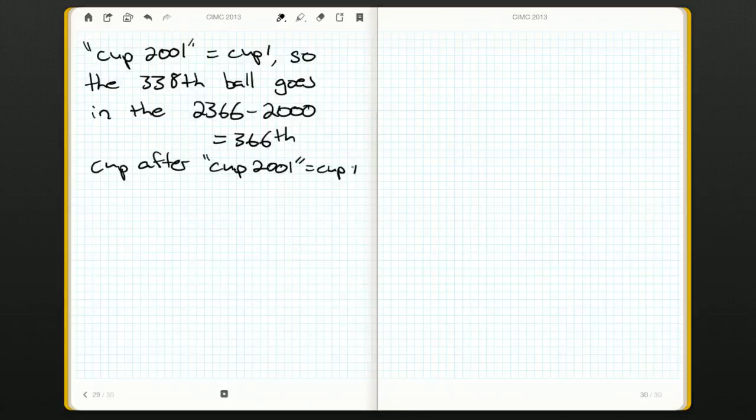So what we can do is every 1,000 we can basically restart our count. We're counting along. Okay, we're at 1, and then we count cup 2, cup 3, cup 4, cup 5, cup 6, cup 7, cup 8. We put a ball there. Then we count cup 9, cup 10, and so on. So we're counting along the cups, and occasionally we're putting balls in things.